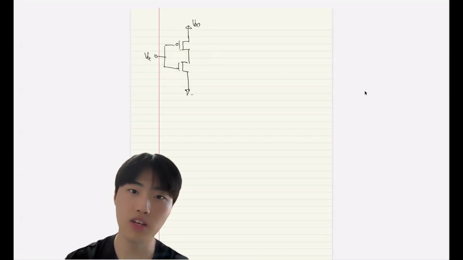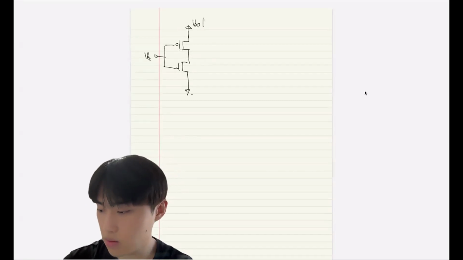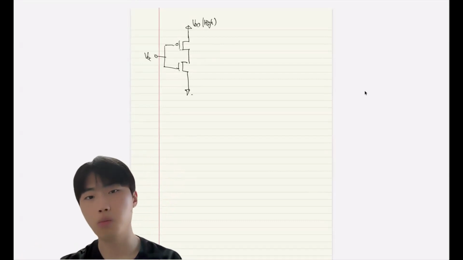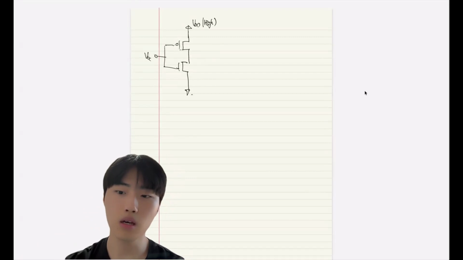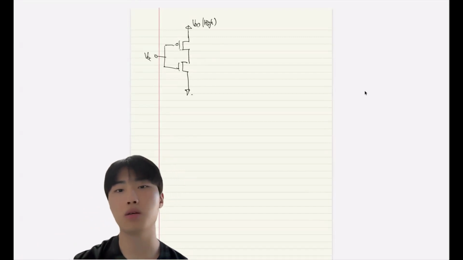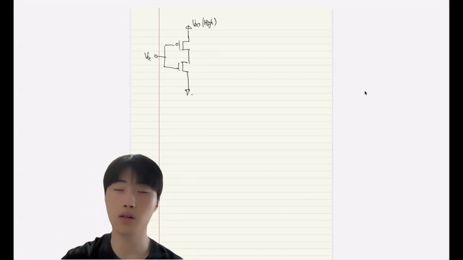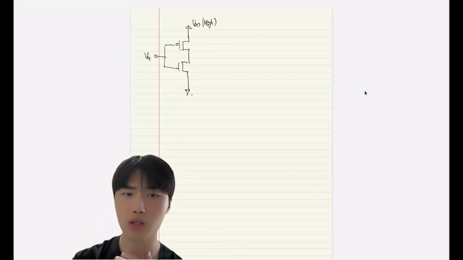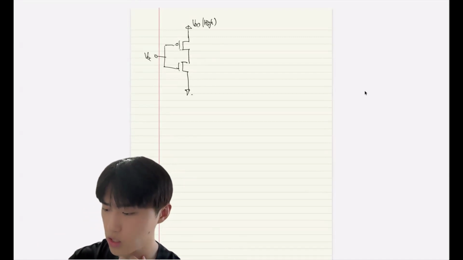Let's suppose that the VDD is high. So actually the voltage will be some kind of analog signal, but let's say it is just some kind of digital signal, like there is only high or low. And this part will be the low part.